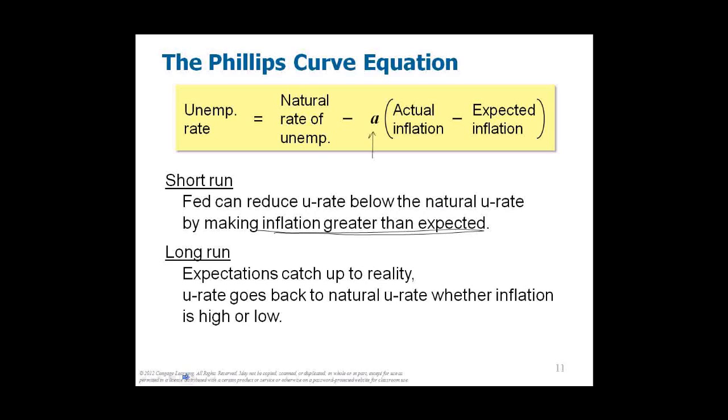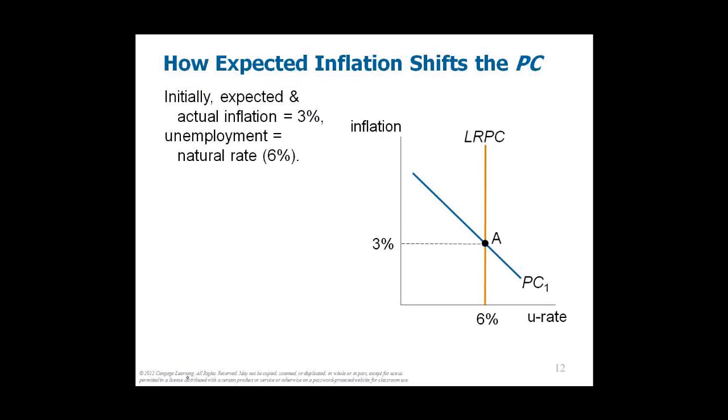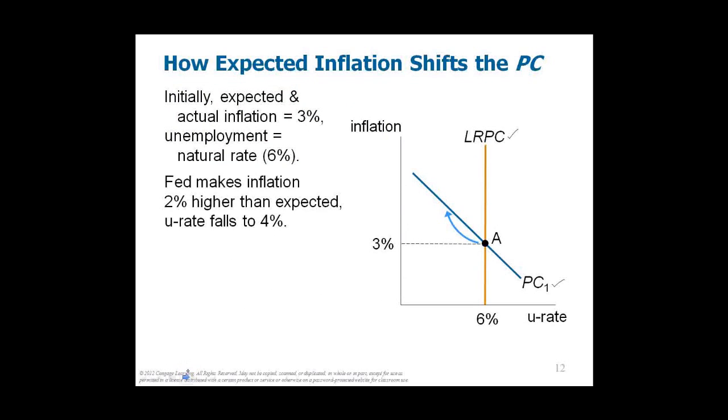So the point here is that eventually the expectations catch up with reality. People see that the inflation is higher than they expected, so they adjust their actions accordingly in the economy. Now, if the Fed has policies that are going to cause some inflation and increase inflation 2% higher than expected, the unemployment rate is going to fall to 4%.